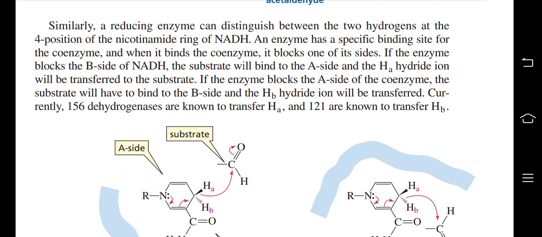If the enzyme blocks the B side of NADH, the substrate will bind to the A side and the HA hydride ion will be transferred to the substrate. If the enzyme blocks the A side of the coenzyme, the substrate will have to bind at the B side and the HB hydride ion will transfer. Currently, 156 dehydrogenases are known to transfer HA and 121 are known to transfer HB.